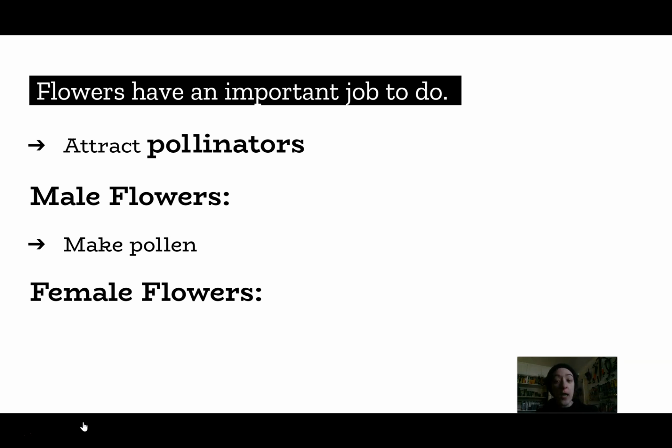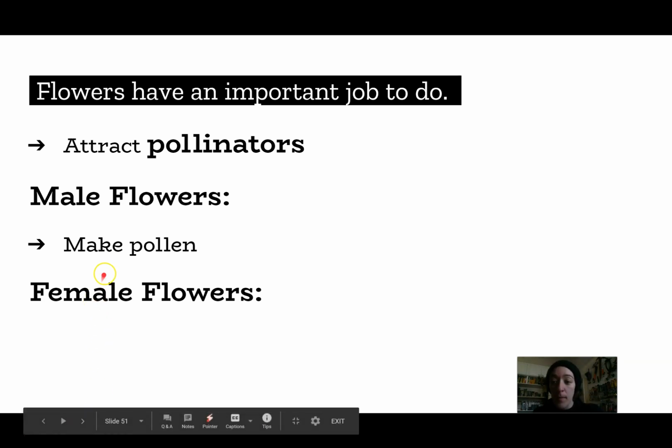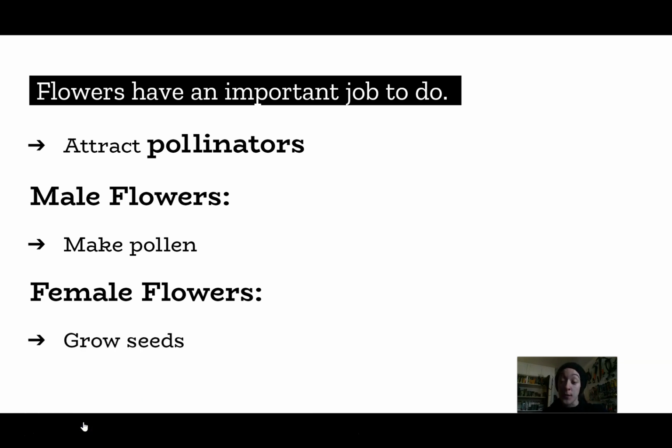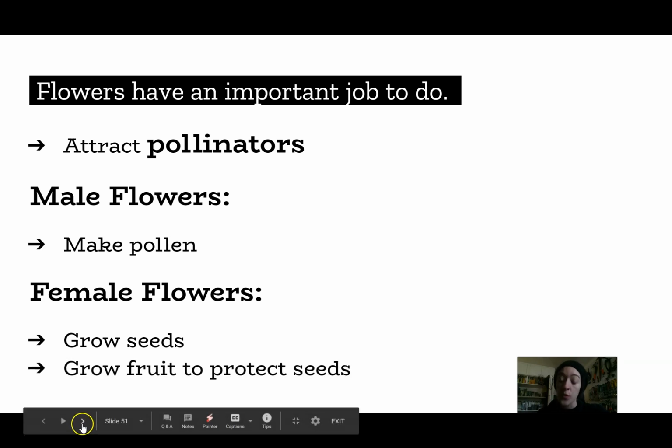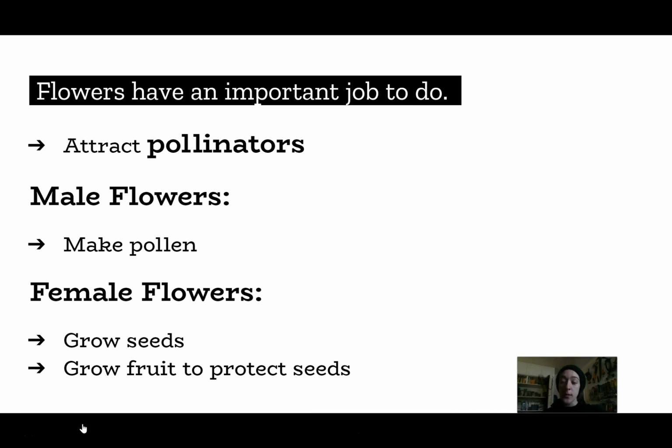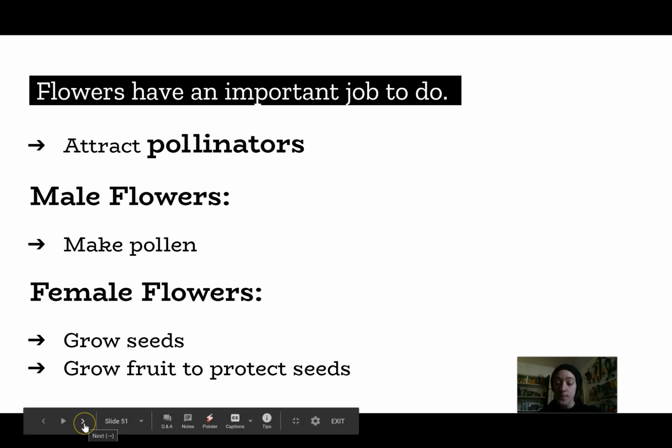Both of them need to attract pollinators, but male flowers are going to attract pollinators and make the pollen, whereas female flowers are going to attract pollinators and grow the seeds or grow the fruit. Grow the seeds and then grow the fruit in order to protect the seeds. Right? So when you see seeds or fruit, that's typically coming from a female flower or a female plant.